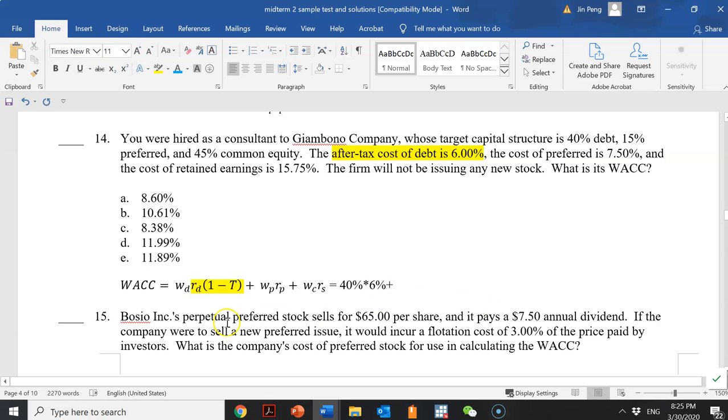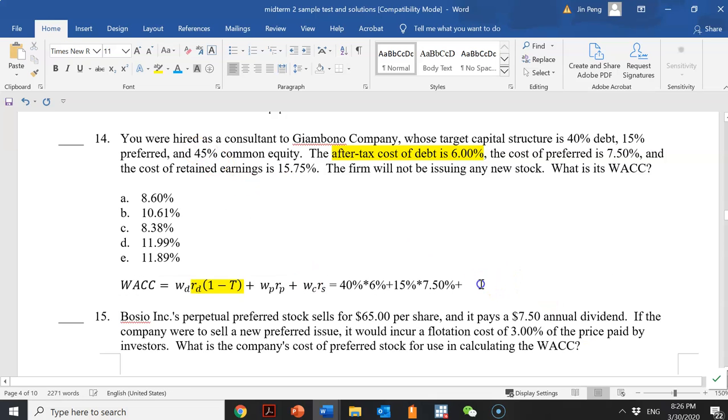plus WP, weight for preferred stock. It should be 15% here. Multiplied by RP, cost of preferred stock, so it's 7.5%, plus WC, weight for common equity.